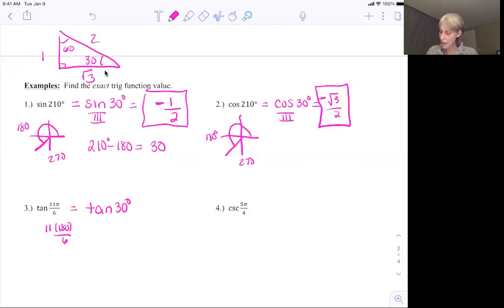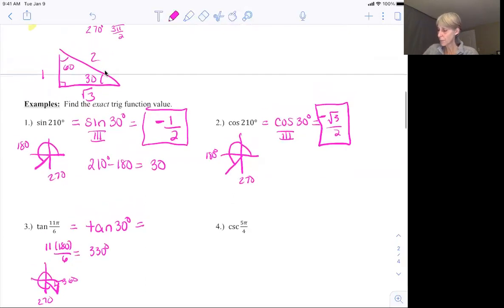Now we have to think about, where does 330 land? Well, 330 is in between 270 and 360. So we're really setting up the trig function value for that angle, right? Remember, these are coterminal. They kind of are the same angle. So we're going to use the tangent of 30. Tan of 30 is opposite over adjacent.